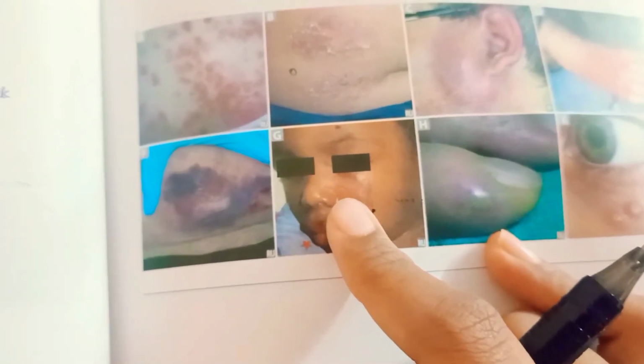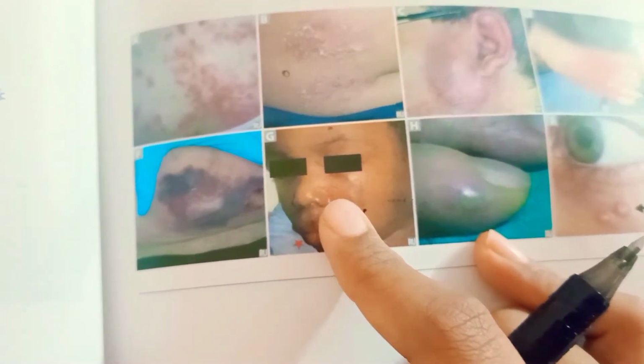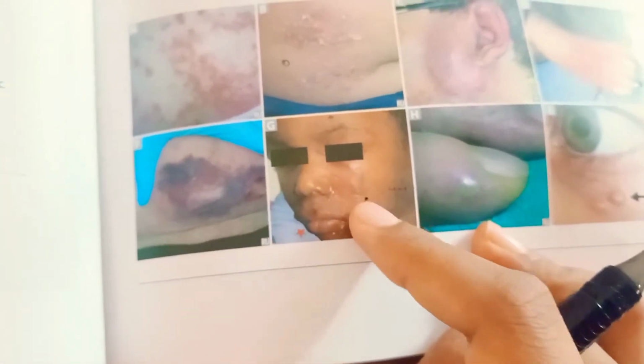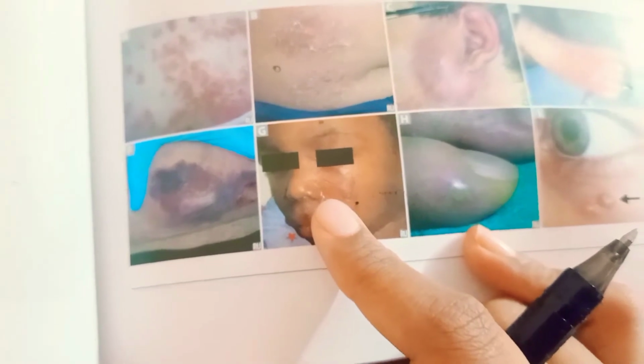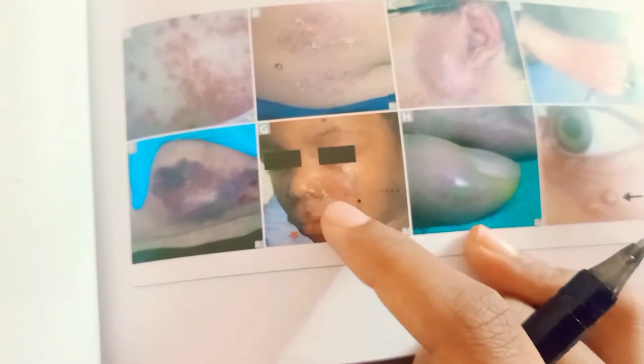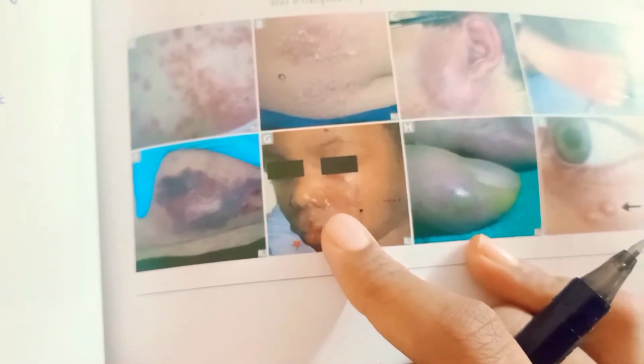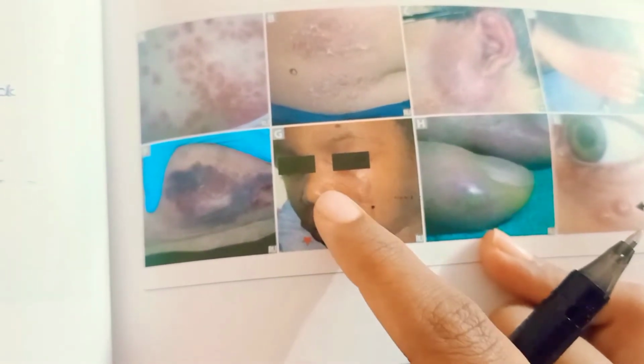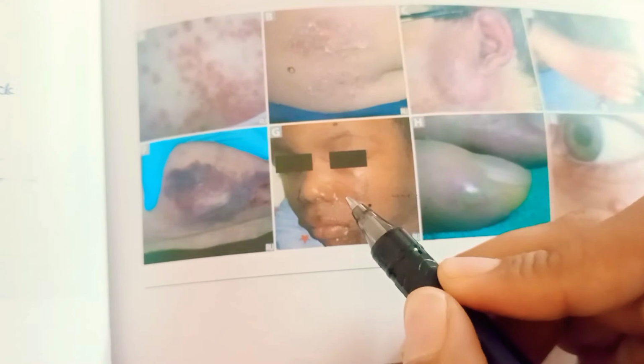It is characterized by fever, generalized erythematous rash, sloughing of upper layers, and heals completely. It is positive for Nikolsky sign, which is separation of epidermis upon manual stroking. So if you try to scrape this off, it will come off.